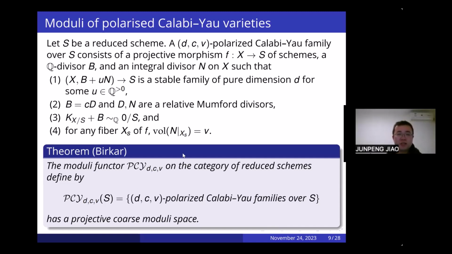A DCV polarized Calabi family over S consists of a projective morphism of schemes, a Q-divisor B and an integral divisor N on X, such that (X, B + uN) over S is a stable family. A stable family is locally stable with relatively ample total log canonical class. That is, K_X + B + uN is ample over S.